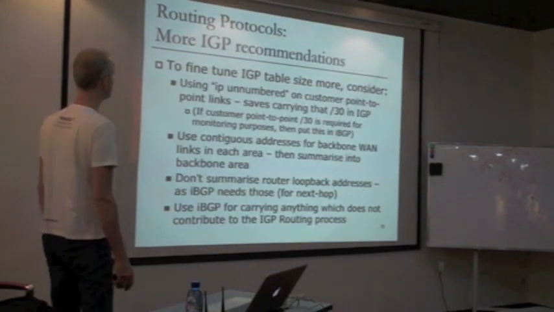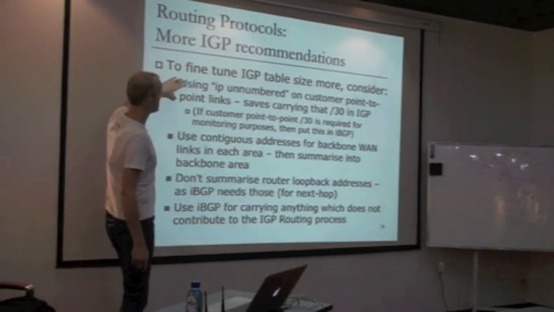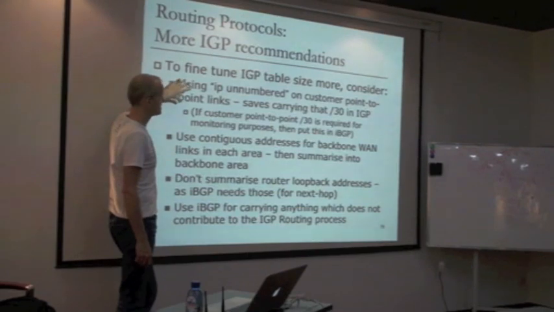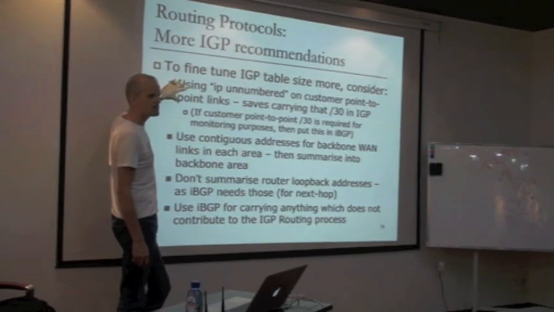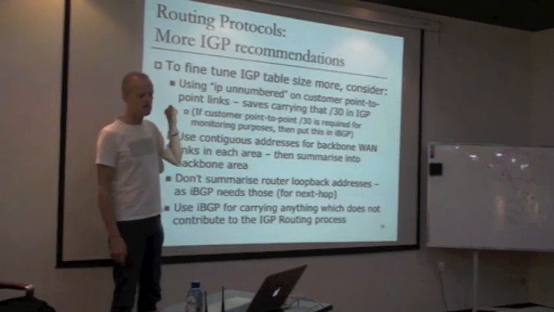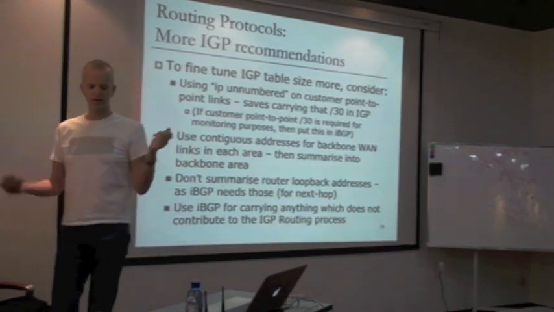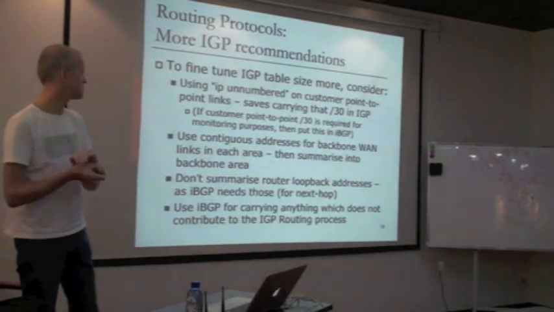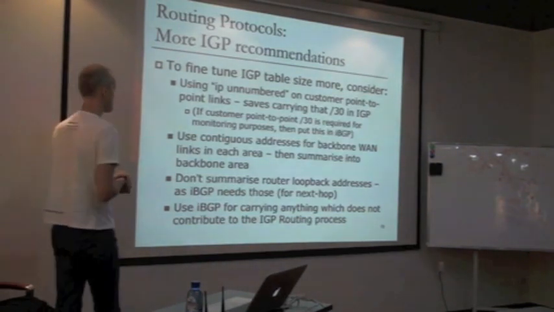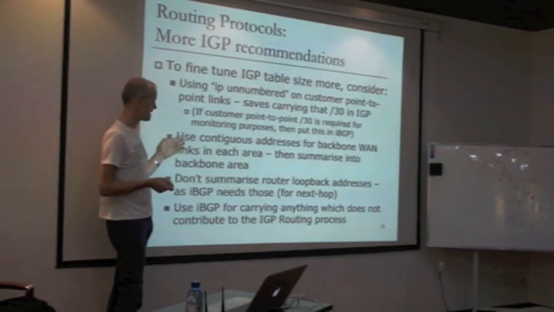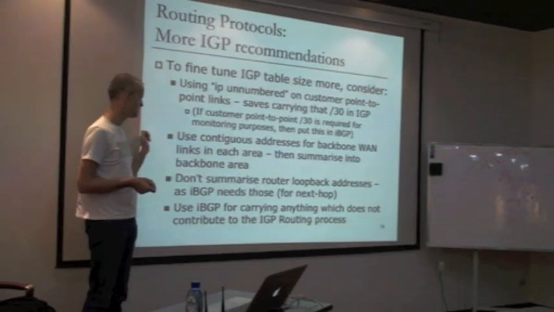More recommendations: use IP unnumbered on customer point-to-point links. If you need a customer point-to-point link, put it into BGP instead. Don't carry it in ISIS, because that way you can keep ISIS small. BGP can carry lots of prefixes. Try and use contiguous addresses for the backbone WAN, and then summarize wherever you can.